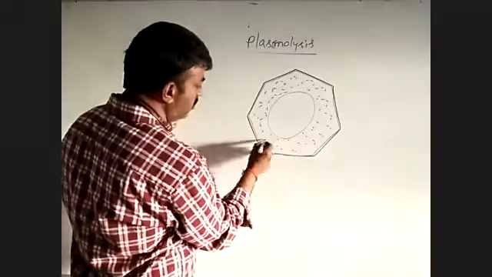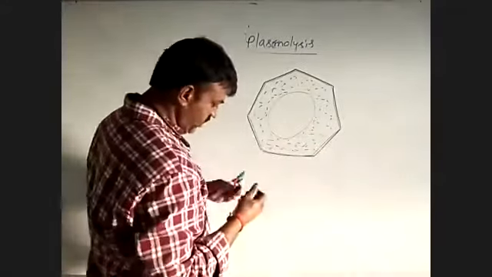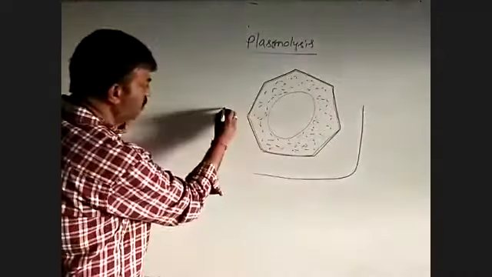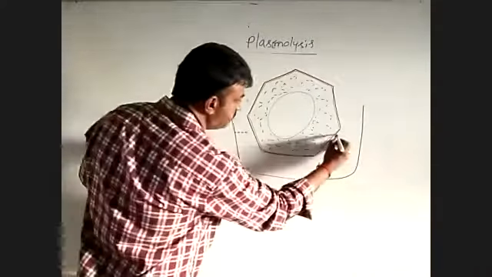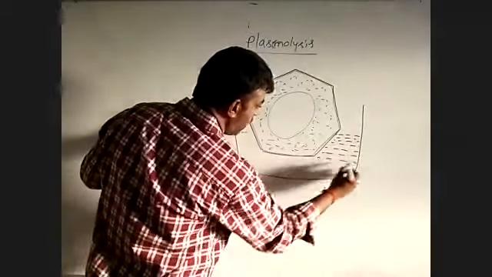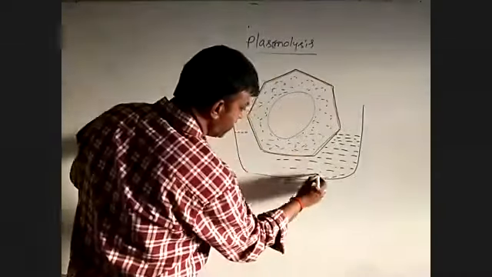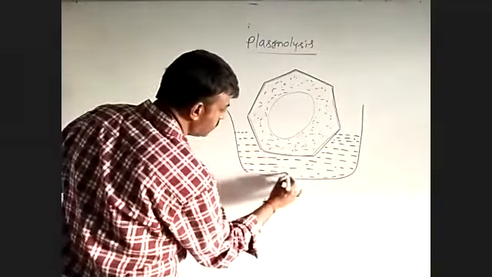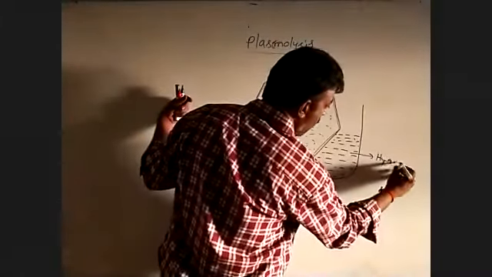Listen carefully: whenever it is placed in hypertonic solution, this is the external solution. It is a normal plant cell, which is now kept in the hypertonic solution.